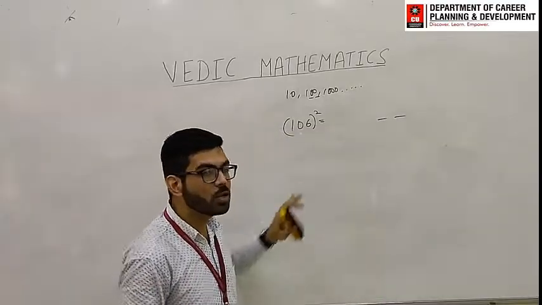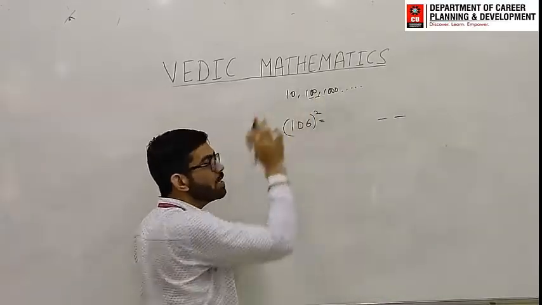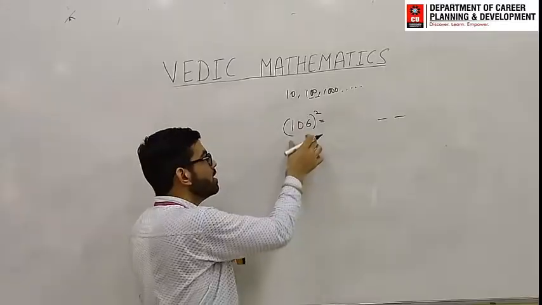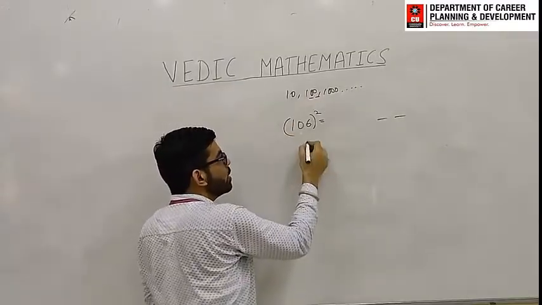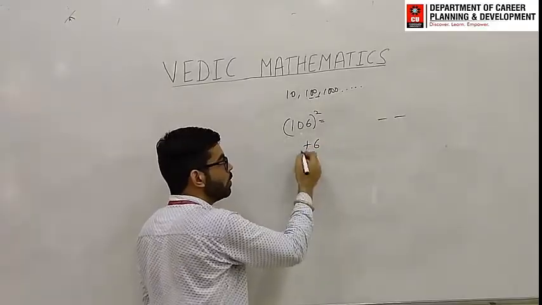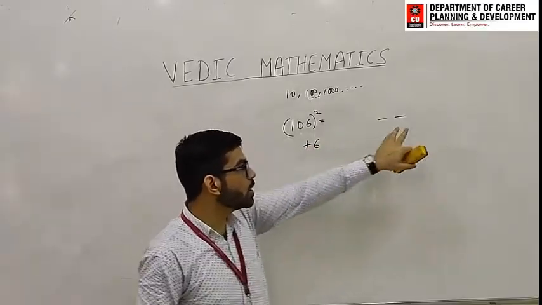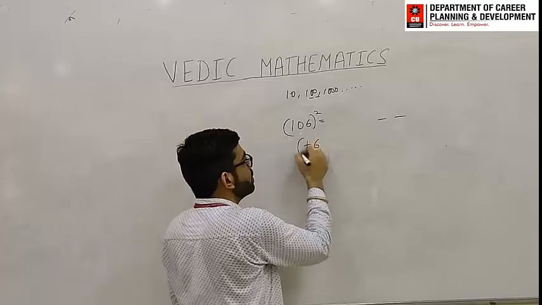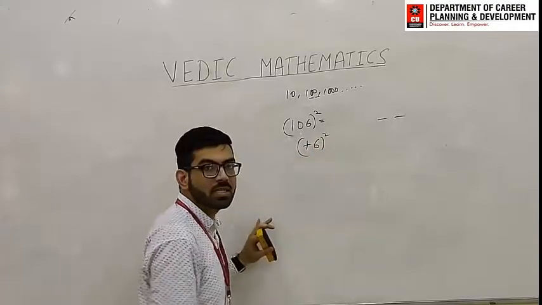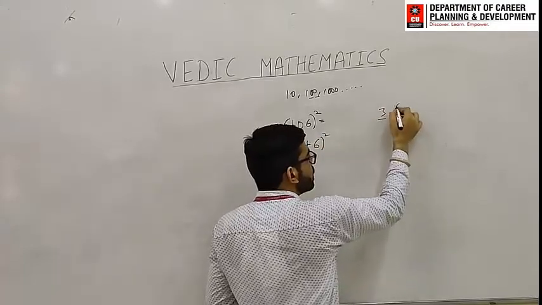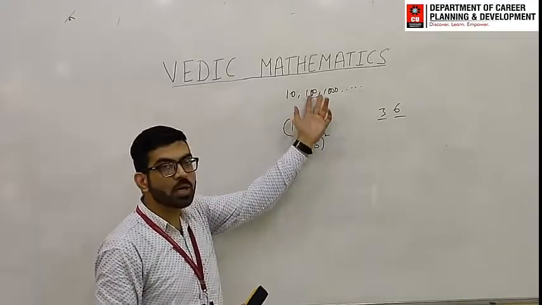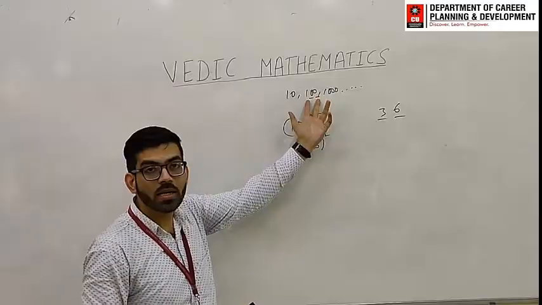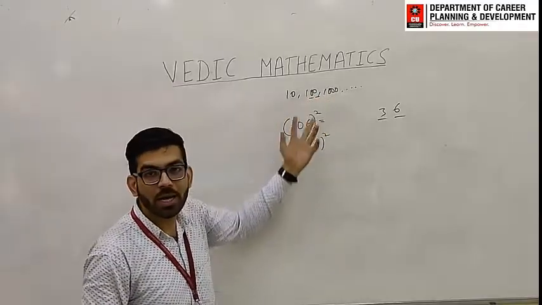This number is more than 100 by 6, so plus 6. The last two digits will be the square of this number, that means square of 6, that is 36.